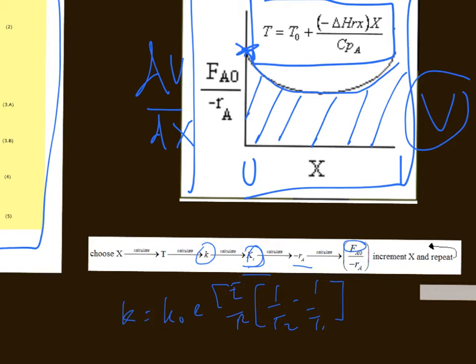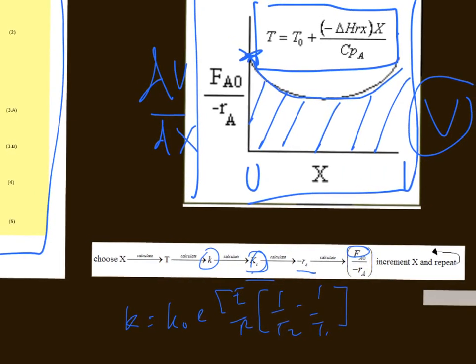Basically, this particular point is represented by the Fa0 over negative Ra that you calculate. And then what you can do is you can switch X from 0, and then maybe add 0.2, and then you can recalculate using this particular equation.